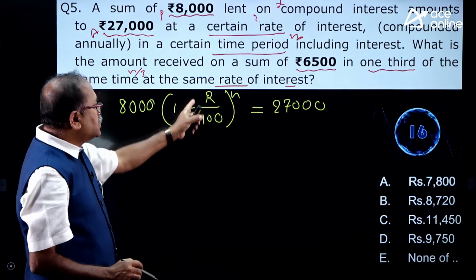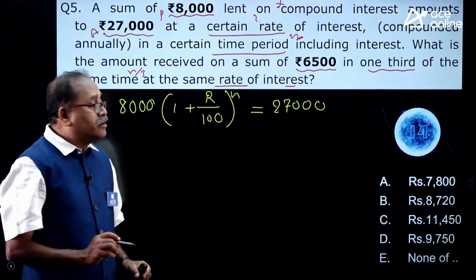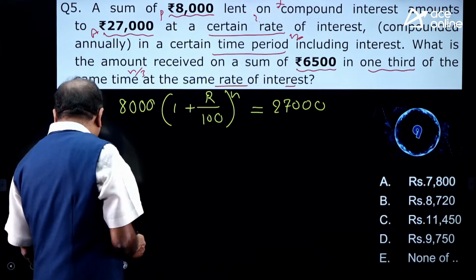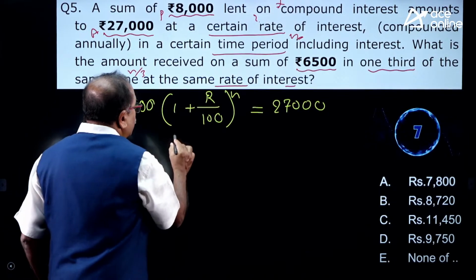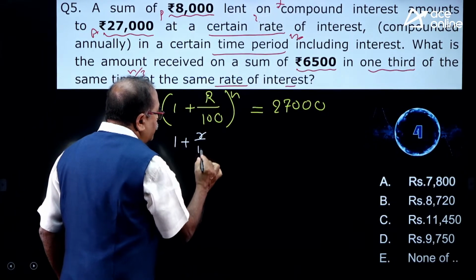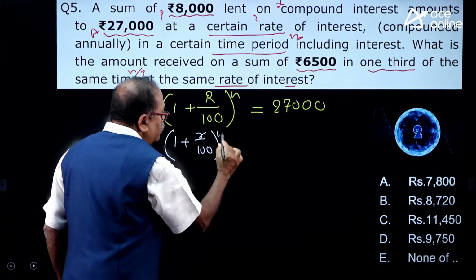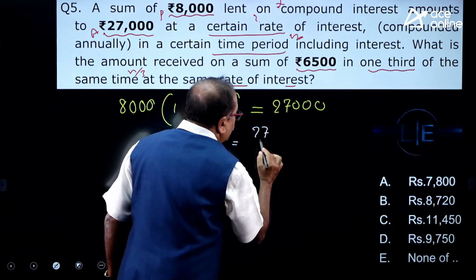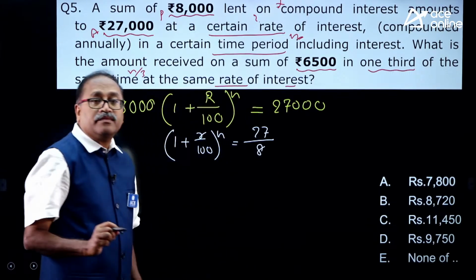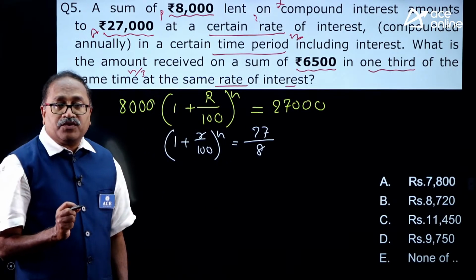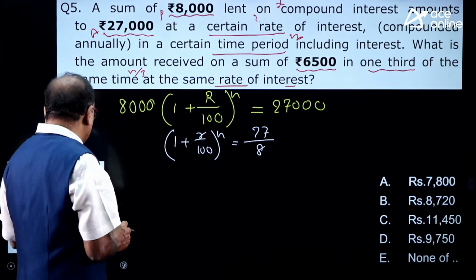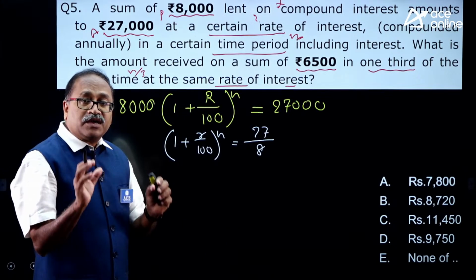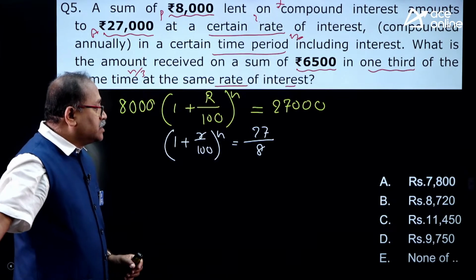So this 8,000 will go and divide over there and I will get (1 plus r by 100) to the whole power n equal to 27 by 8. What you need to find out is that the sum is rupees 6,500 and the time is 1/3.